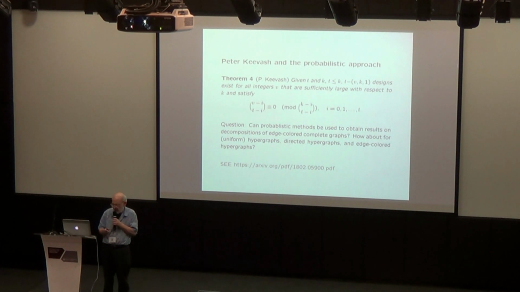In particular, the existence of, for concreteness, designs with lambda 1 here: t-designs, where every t-element set is contained in a unique family of k-element sets, so that every t-element set is covered once. These are necessary and asymptotically sufficient conditions.